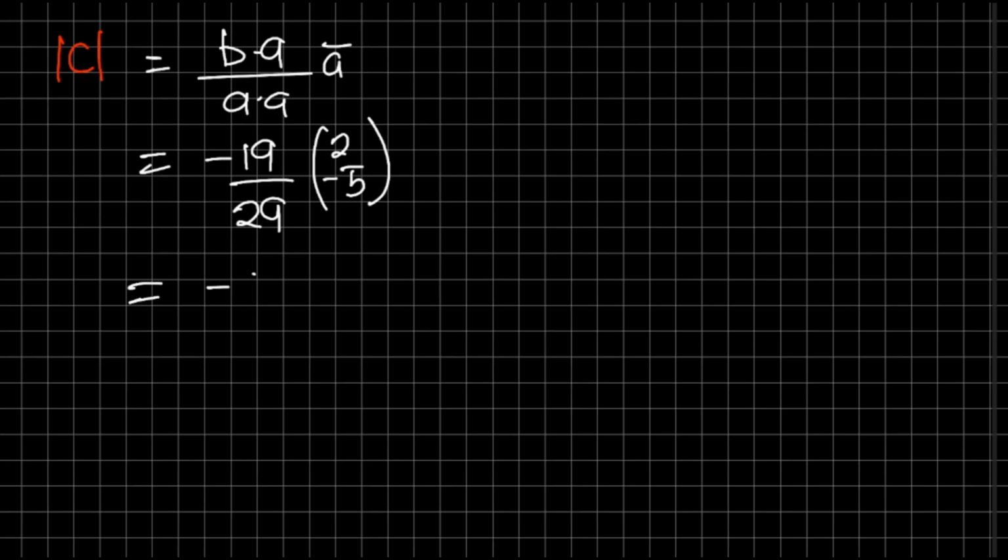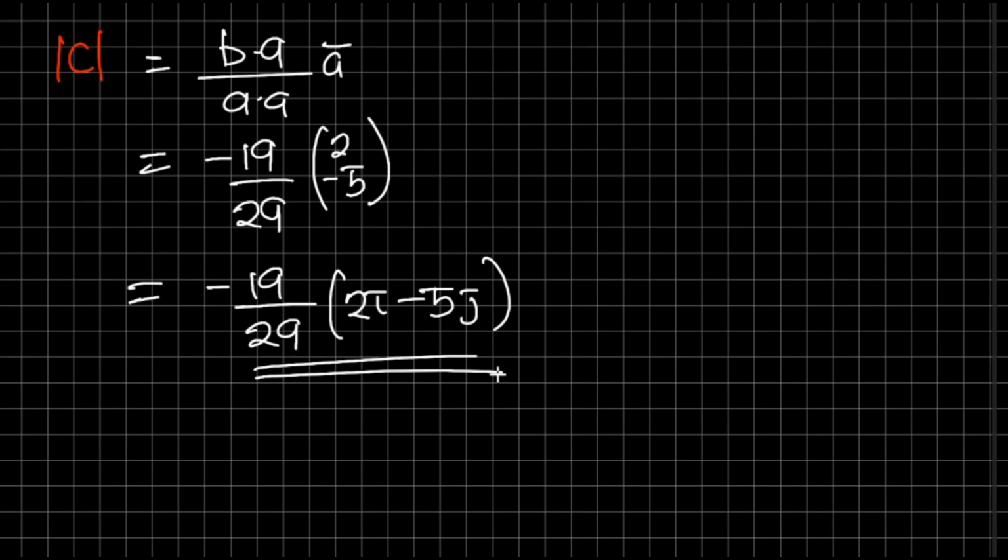So the answer will be minus 19 over 29 multiplied by 2i minus 5j. So this is how to compute a projection in the other form. Now find the vector projection of A perpendicular to B. So we have another question there.